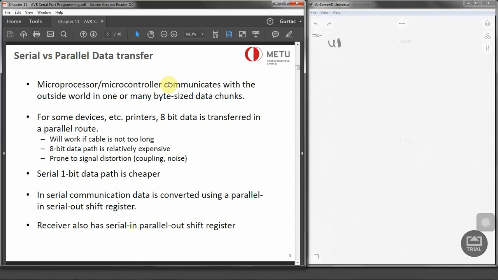UART is Universal Asynchronous Receiver Transmitter.